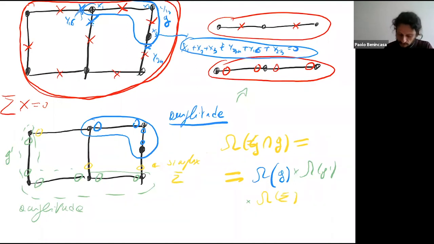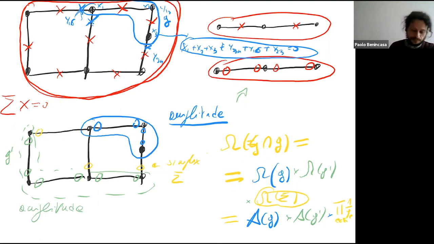And if you write all this explicitly, you will get the amplitude related to the subgraph G times the amplitude related to the subgraph G prime times the canonical form for the simplex, which is just given by the product of the energies of the edges which are cut, which are like these edges.